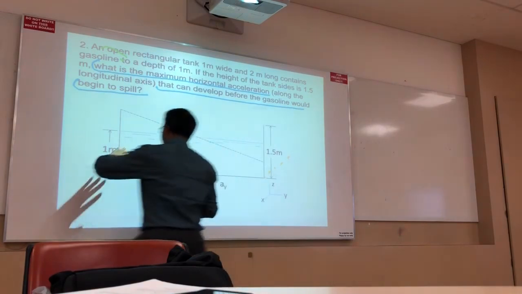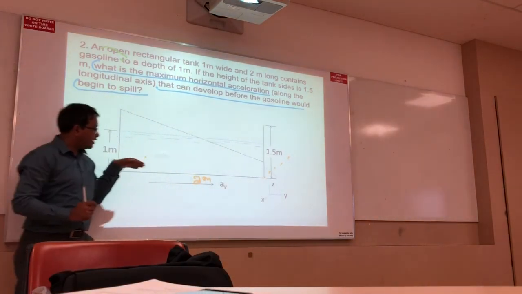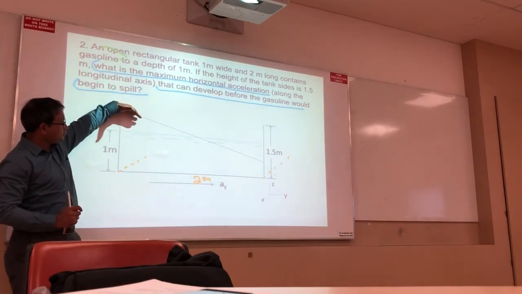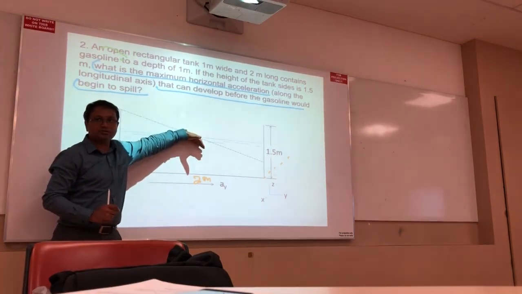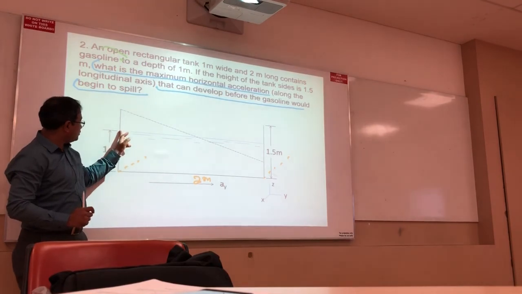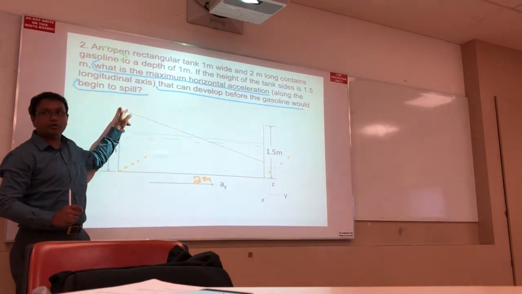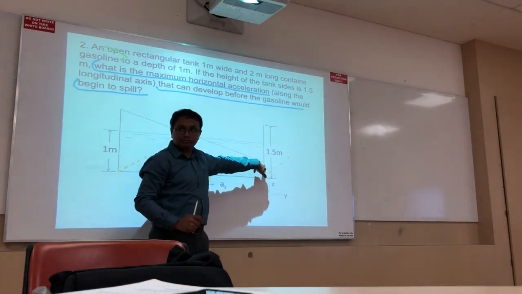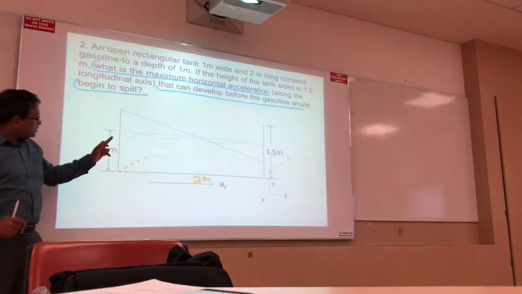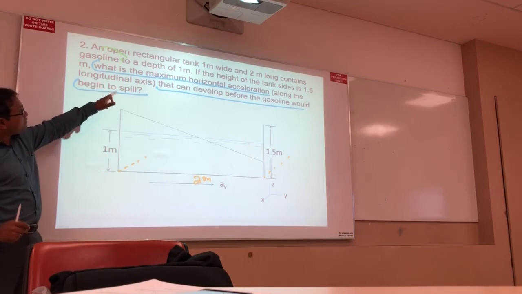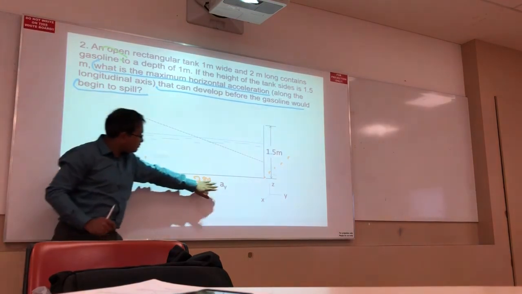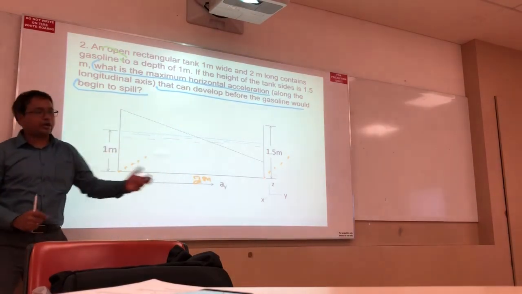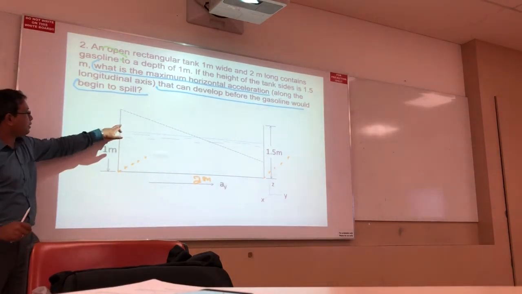So as I push this way, the acceleration is that way, and the water level on this side moves upward and the other level moves downward. They ask what is the maximum horizontal acceleration. If I push slowly, the water may come here.